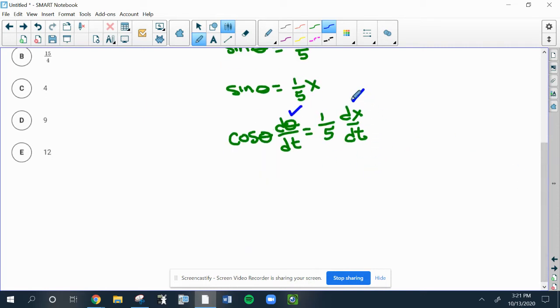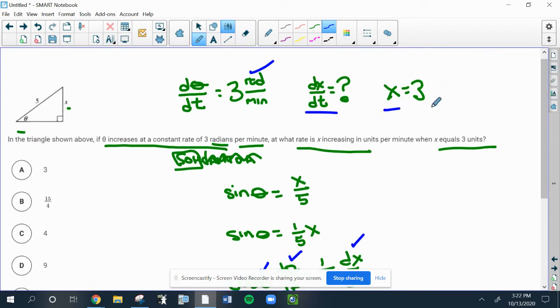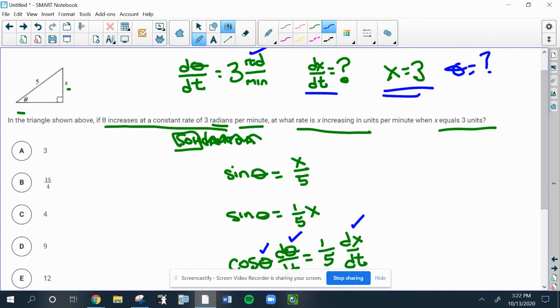However, we don't know what theta is. So we have to figure out what theta is at the moment x equals 3. So we actually do need x, but in a kind of roundabout way. We have to use this x equals 3 to get theta, and here's the equation we're looking at.